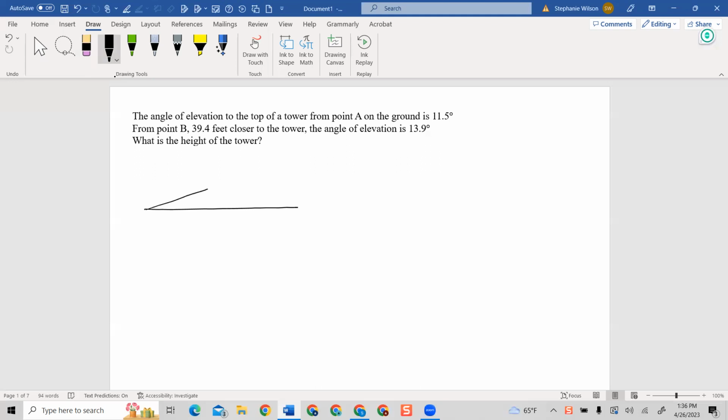There we go, that looks a little better. All right, so we're looking for the height. We're going to call it Y.